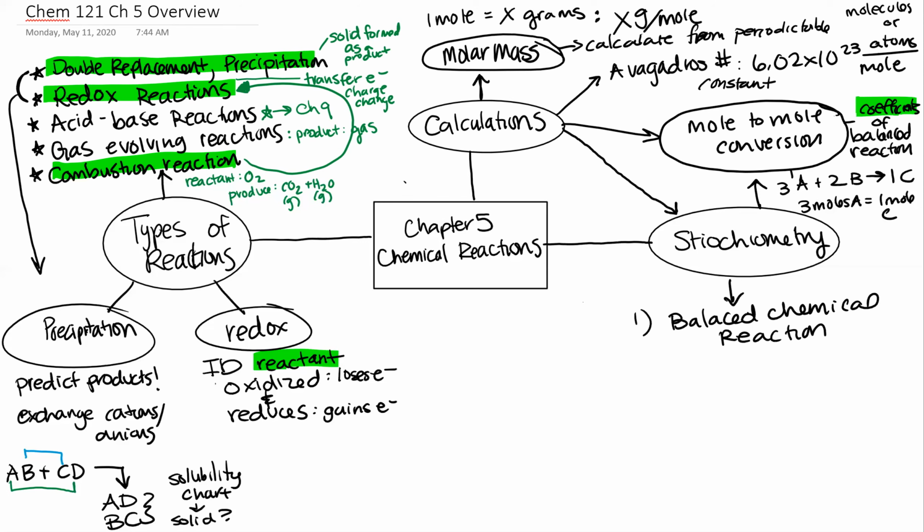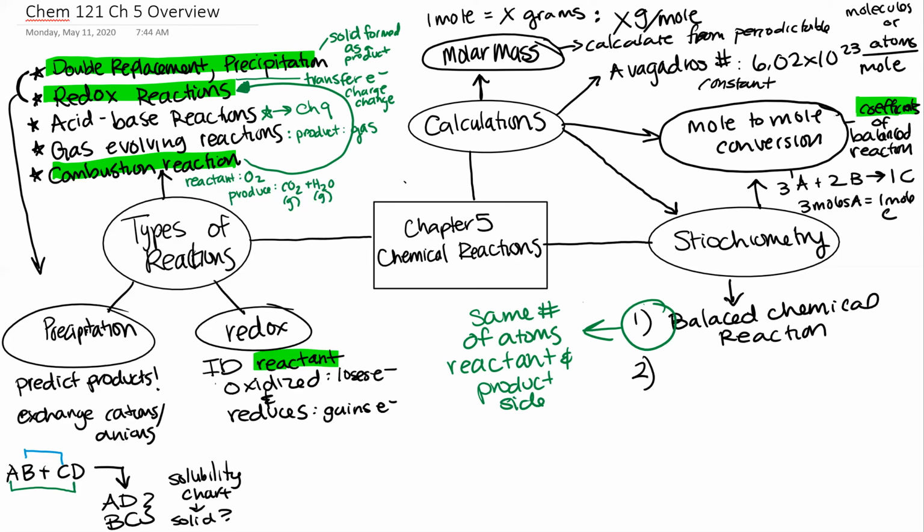That means we have the same number of atoms on both the reactant and the product side, and we balance it by manipulating the coefficients in front of those molecules. Two, if given a mass, the other name for stoichiometry is actually mass-to-mass conversions.